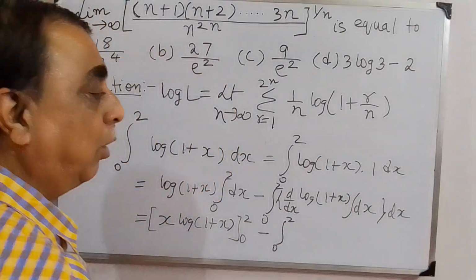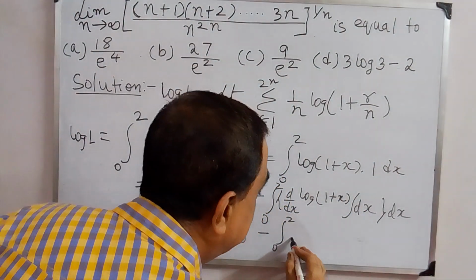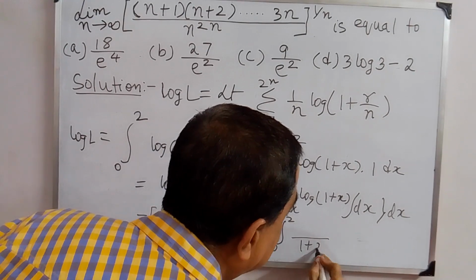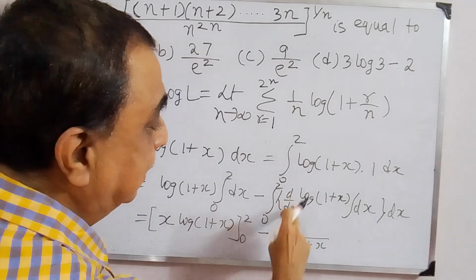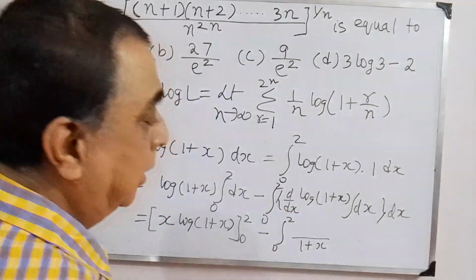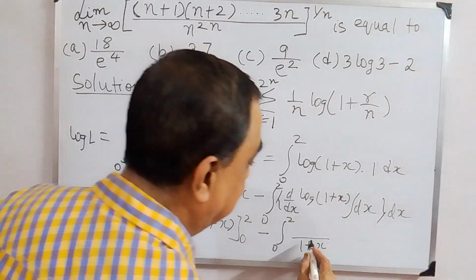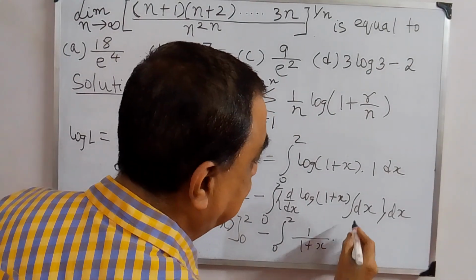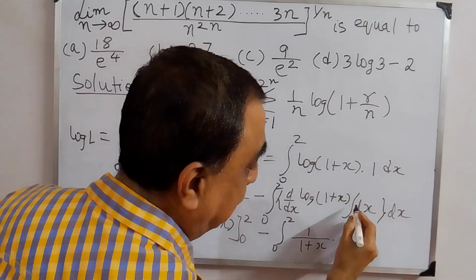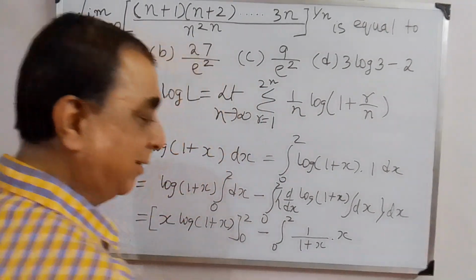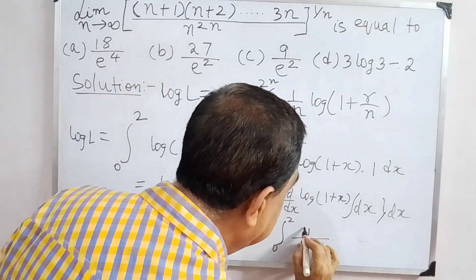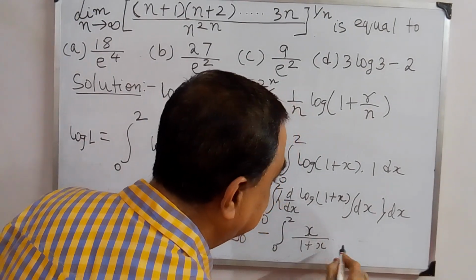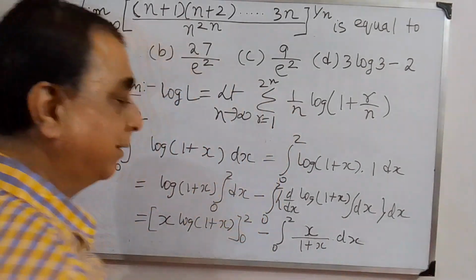The derivative of log of 1 plus x is 1 divided by 1 plus x, and the integration of dx is x. So this becomes x divided by 1 plus x, dx.